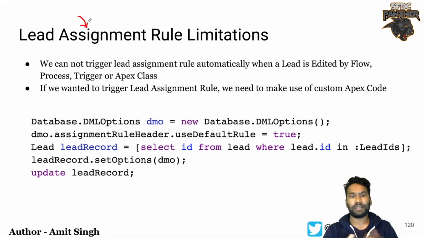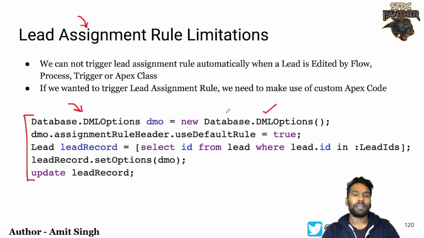As we know that the lead assignment rule cannot be triggered automatically, we will use an invocable Apex, and that invocable Apex has this sample code to update the lead record, and it will trigger our lead assignment rule. You see here we have the Database.DMLOptions, which is a class inside the Database class.